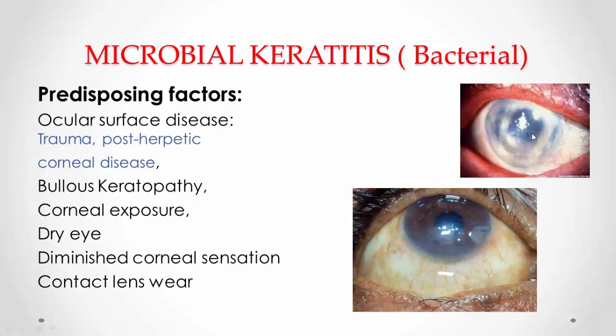In this photo, we can notice corneal decompensation with bullae, which is called bullous keratopathy. Here is exposure keratitis, characterized by corneal ulceration in the inferior part of the cornea.